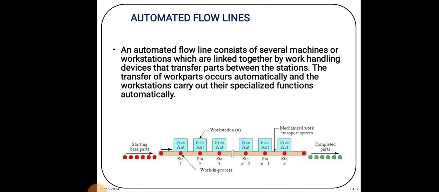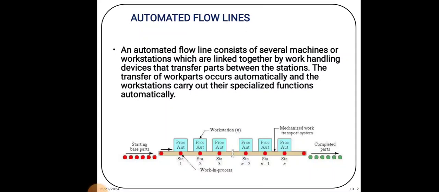In the figure, the red color symbol indicates the start, that is, the raw material, which enters the first processing station. At each workstation, PROC indicates the processing and AUT indicates the automation.